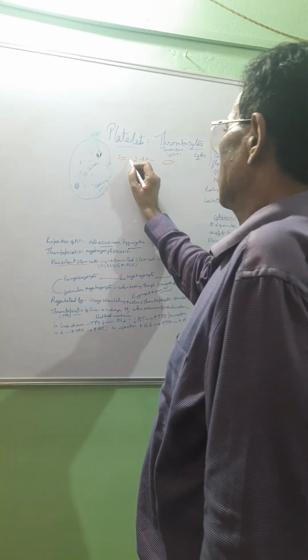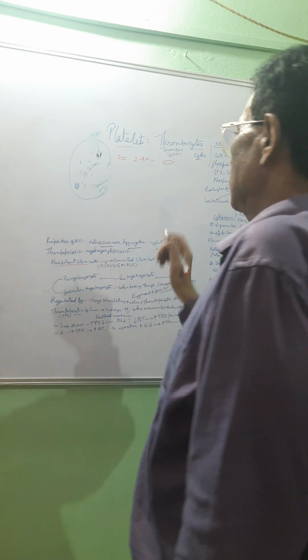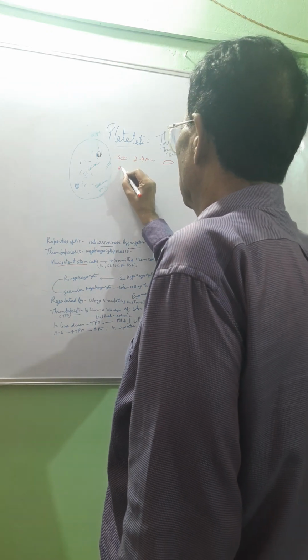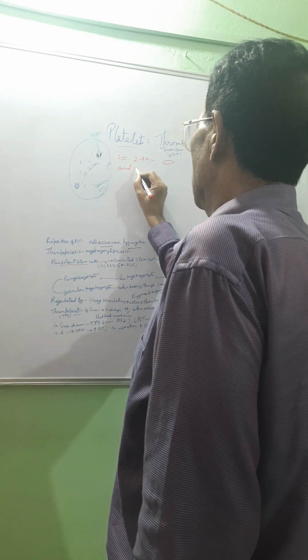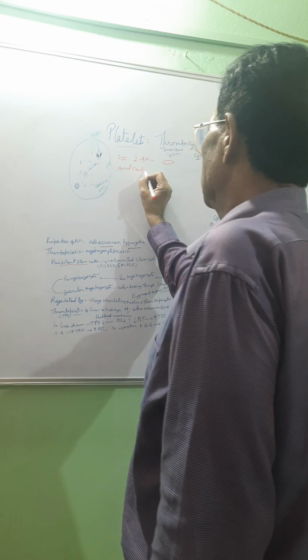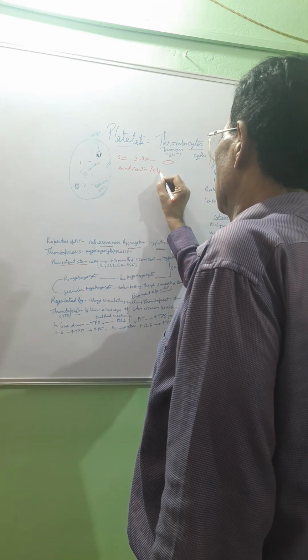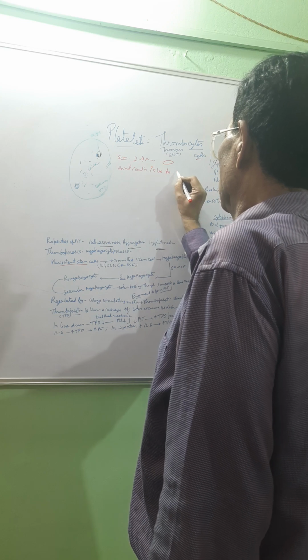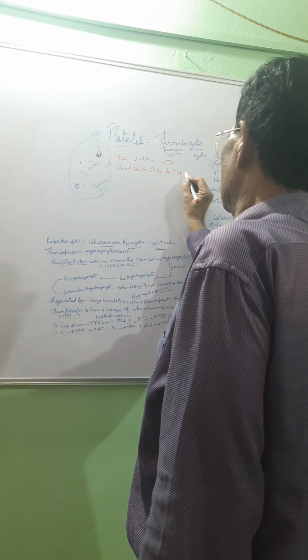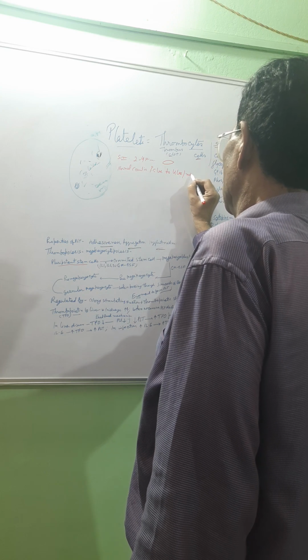This is the size, color, and normal count. The normal count is 1.5 lakhs to 4 lakh per microliter.